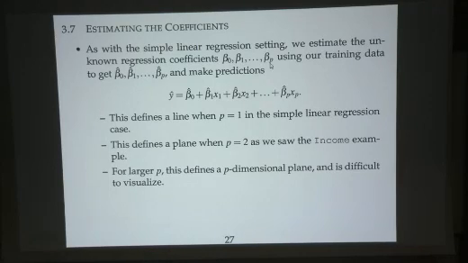Now you have this equation, which is an analog of the straight line, or the least squares line, that we saw in simple linear regression when p equals 1. For p equal to 2 this would be a plane, and for larger p this defines a p-dimensional plane, which is very difficult to visualize.